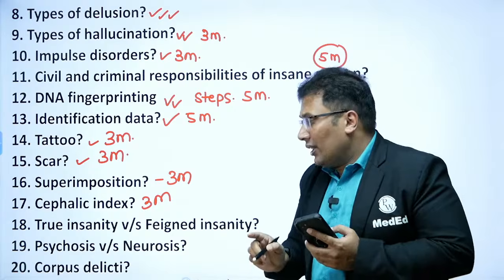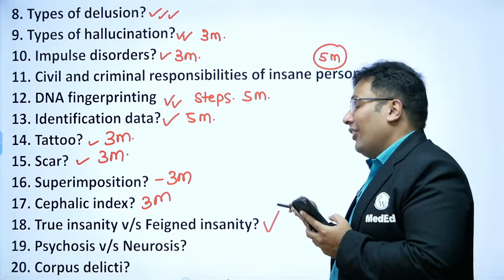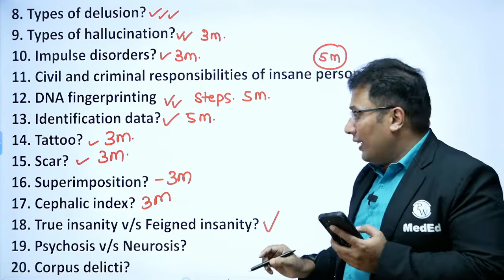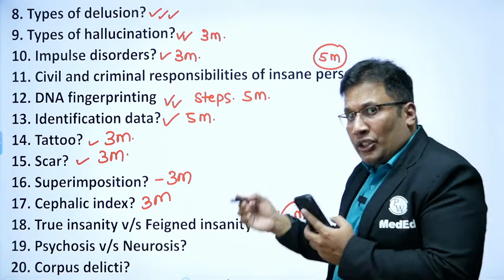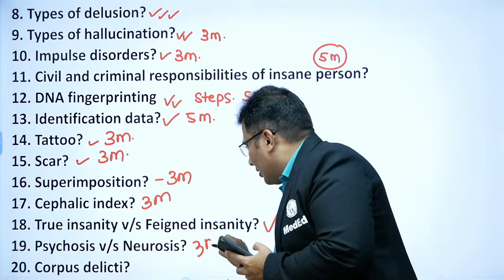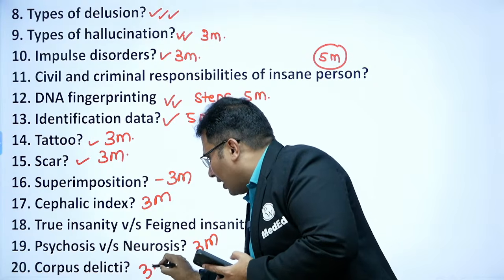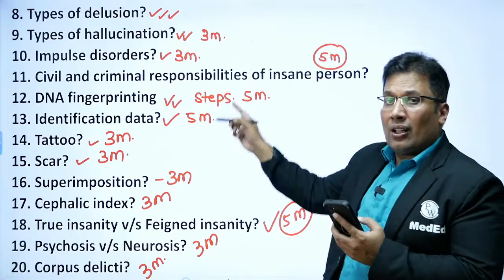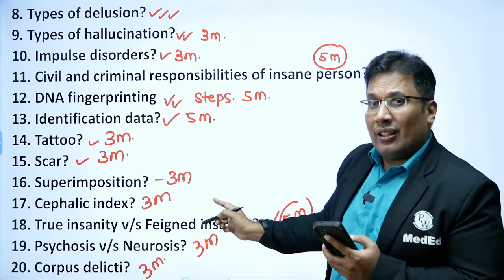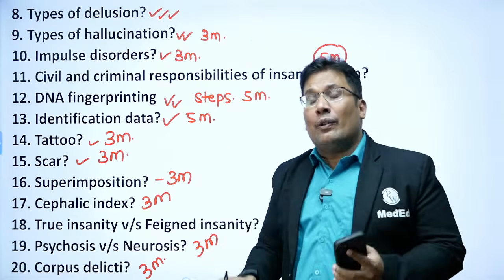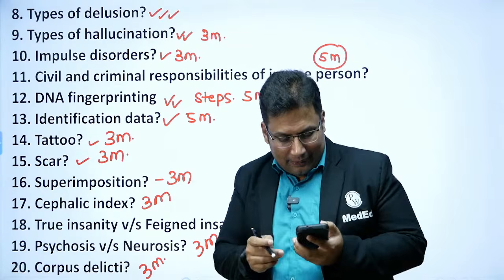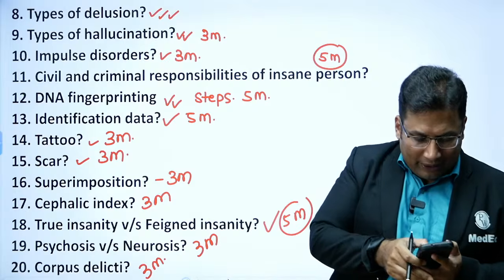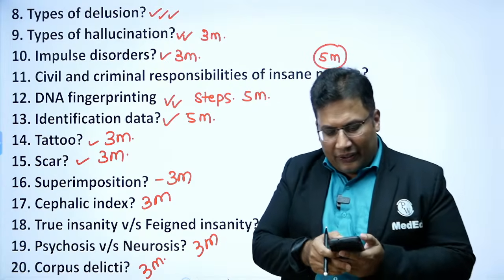And very, very important, true insanity and feigned insanity. Very commonly asked 5 marks question. Psychosis, neurosis, 3 marks. Corpus delicti, 3 marks. All these are the most expected questions that can be asked in your upcoming university exam. Must know topics. Yes, guys.